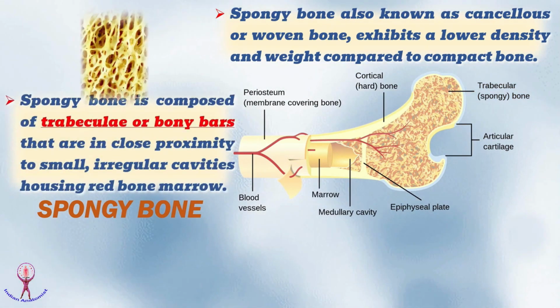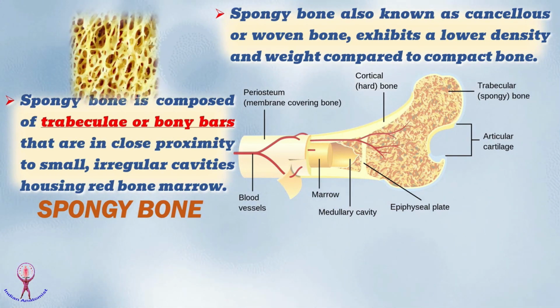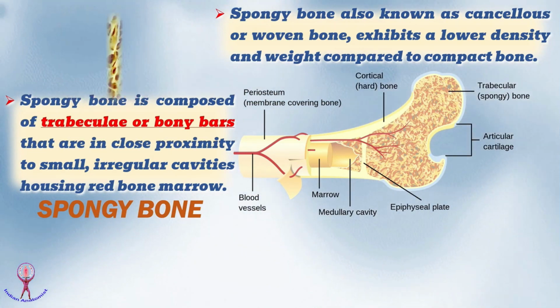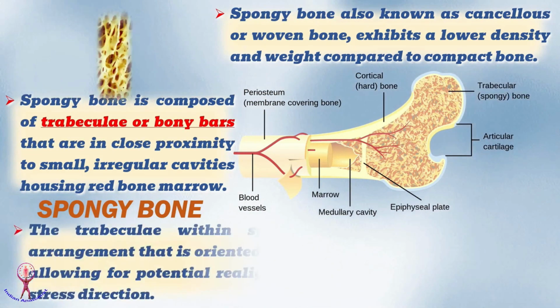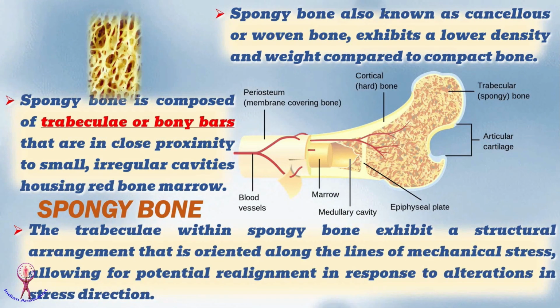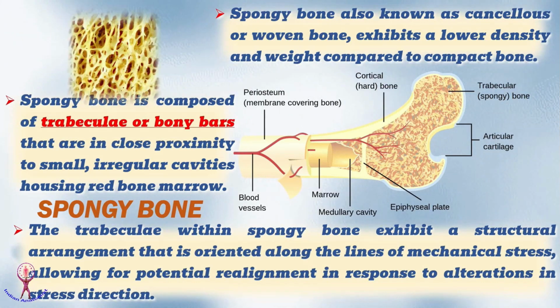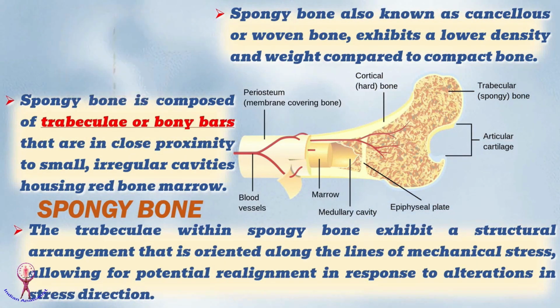Spongy bone is composed of trabeculae, or bony bars, that are in close proximity to small, irregular cavities that house the red bone marrow. The trabeculae within spongy bone are oriented along the lines of mechanical stress, allowing for potential realignment in response to alterations in stress direction.